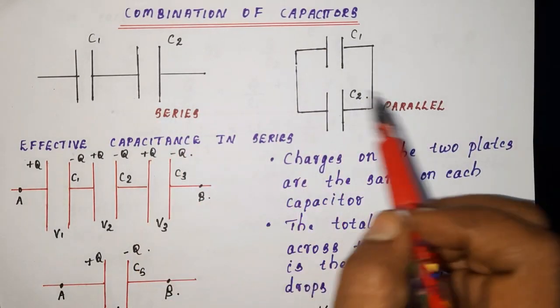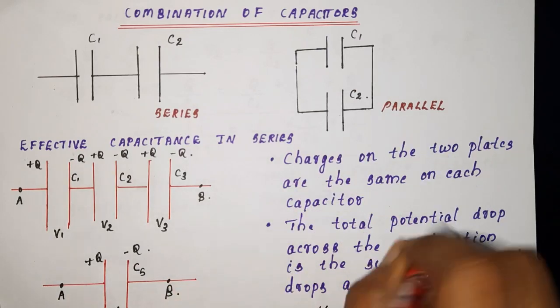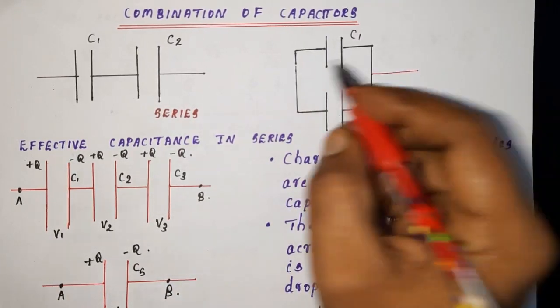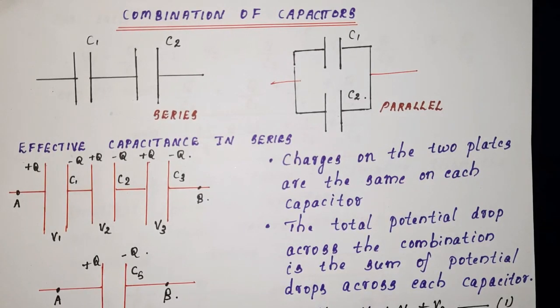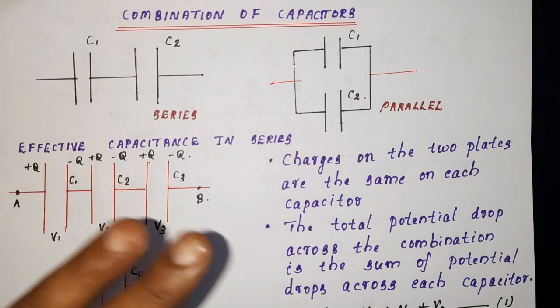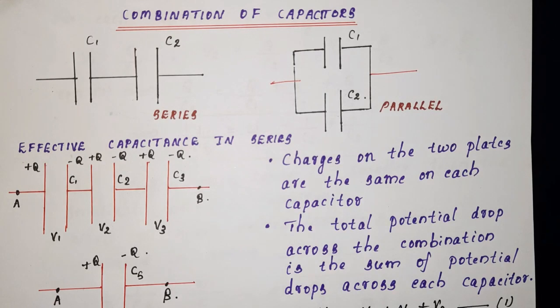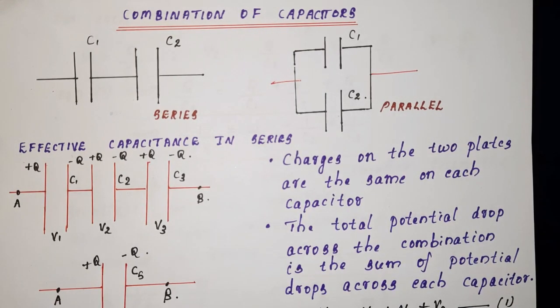That makes the difference between parallel combination and series combination. This is an example of series combination and this is parallel combination. There can be any number of capacitors in series and parallel.